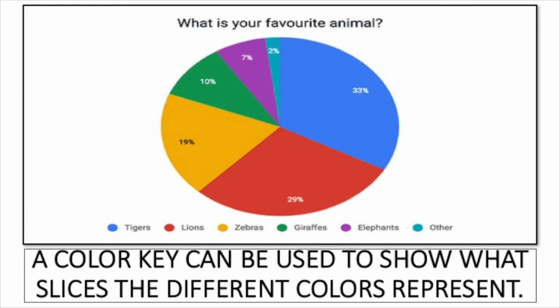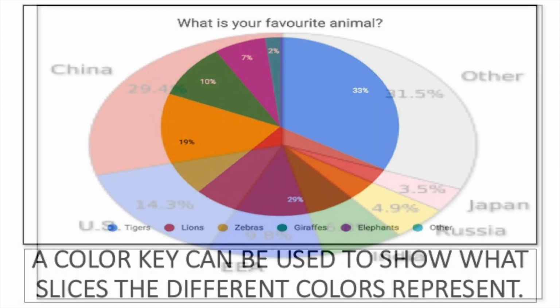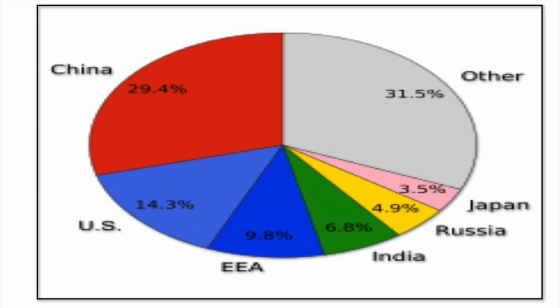A color key can be used to show what slices the different colours represent. Yes, like we've seen earlier with the different animals, you can see they're represented with different colours. And we can use that to show different types of data too.